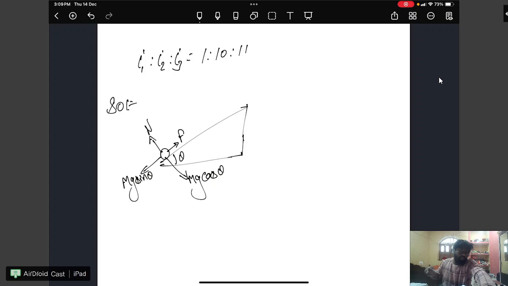So net force will be, here friction force will be there.